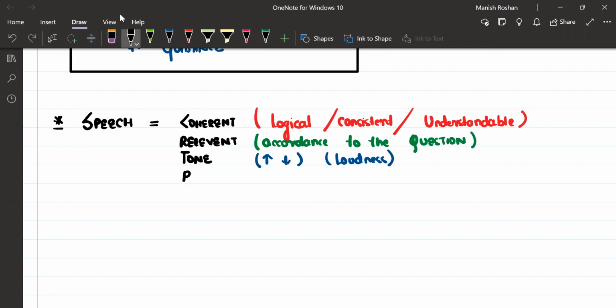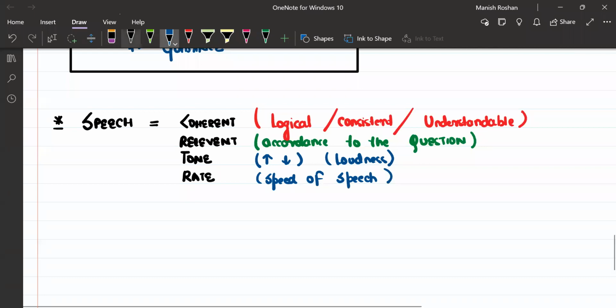Next, you can say the rate. So it is the speed of speech, or in some books it has been mentioned as the tempo of speech.